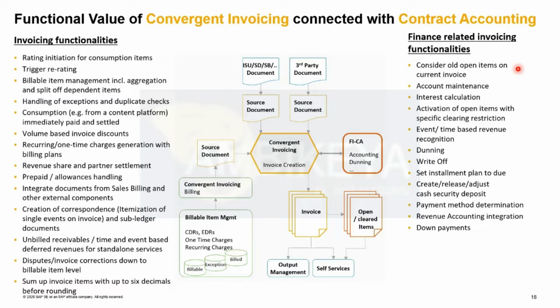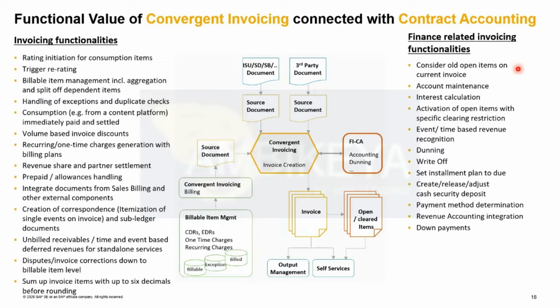If we consider convergent invoicing, here we have some customer examples that don't issue an invoice in convergent invoicing, because this has been done on the platform, on the digital content platform, whenever a customer subscribes or downloads. So an invoice is not required anymore, but we want to derive the correct accounting for the different service types.